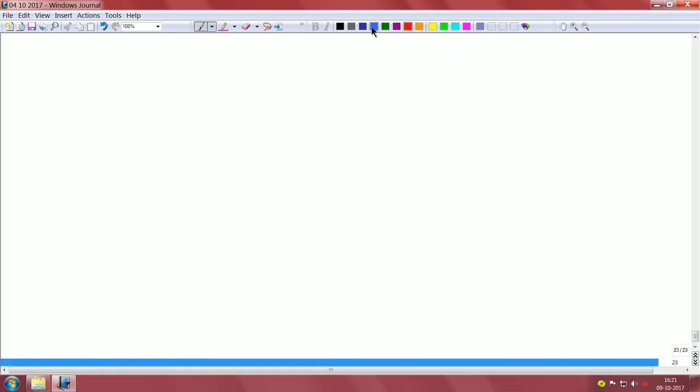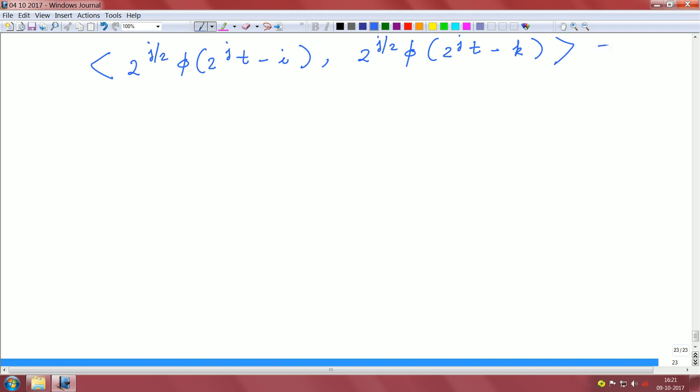So what it means, if you put it in formal language, the inner product of 2 power j upon 2 phi of 2 power j t minus i with 2 power j upon 2 phi of 2 power j times t minus some k equals 0, because i is not equal to k and they have disjoint supports, and that sort of proves this result. We will stop here.